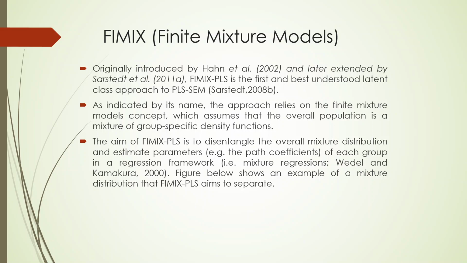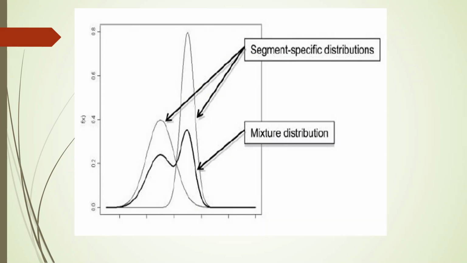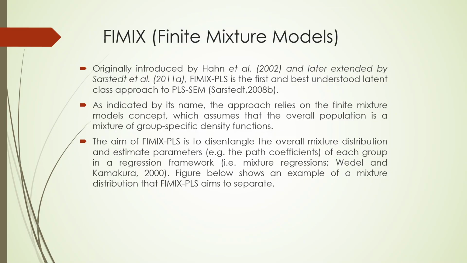So the solution is FIMIX. Originally, FIMIX was developed by Hahn et al. in 2002 and later extended by Sarstedt in 2011, and it is considered the best latent class approach to date. What we are actually doing, in the words of the author, is disentangling, that is, unearthing or mining the distribution which exists in the model.